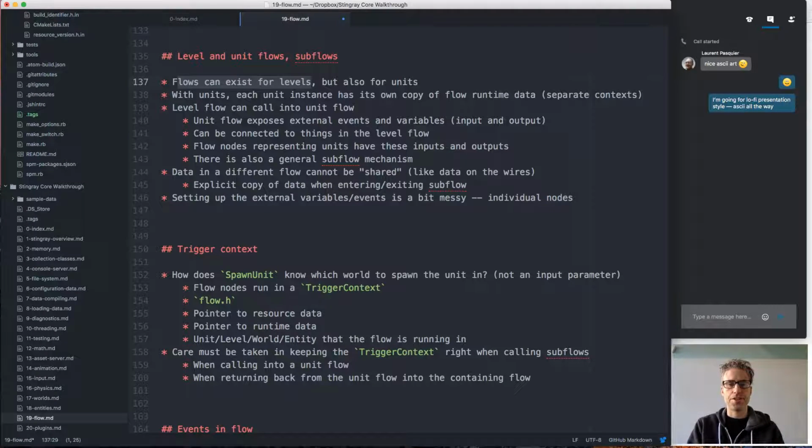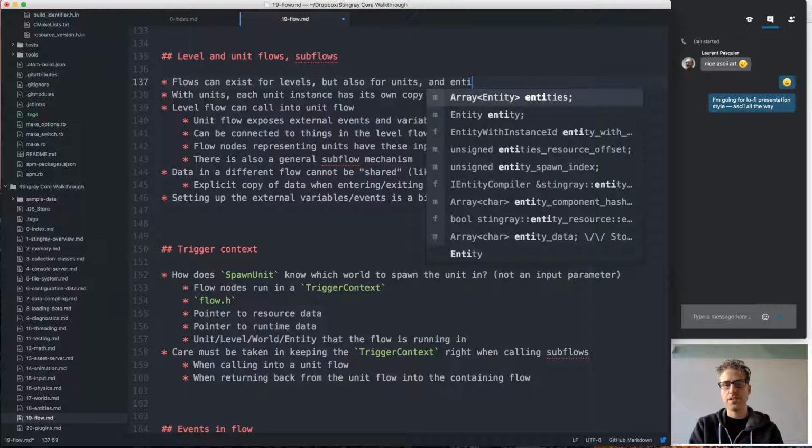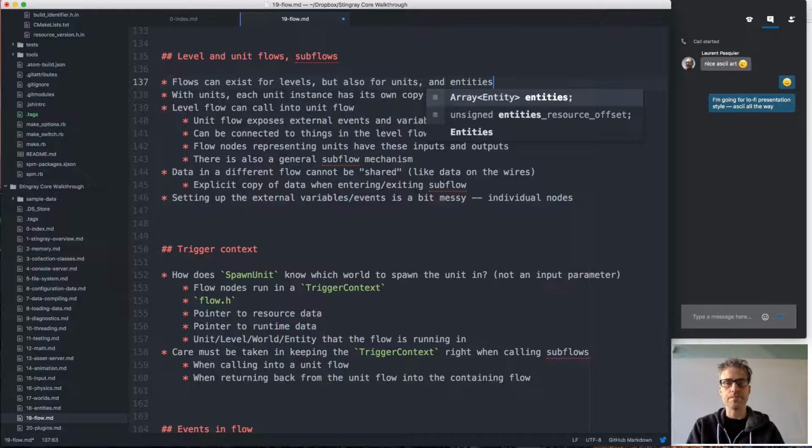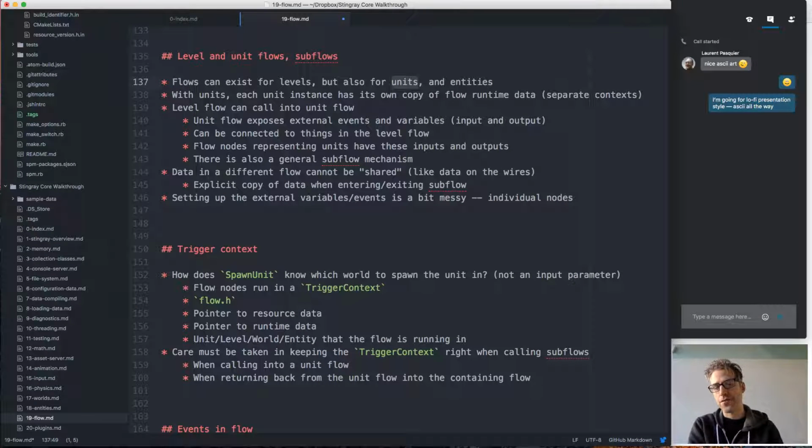But in addition to flow for levels, we can also have flows for units and entities. So if you have, for example, a door unit, you could have a flow that applies always to that unit, and you would create that flow in the unit editor together with the unit. That might contain some logic for opening the door, for instance.